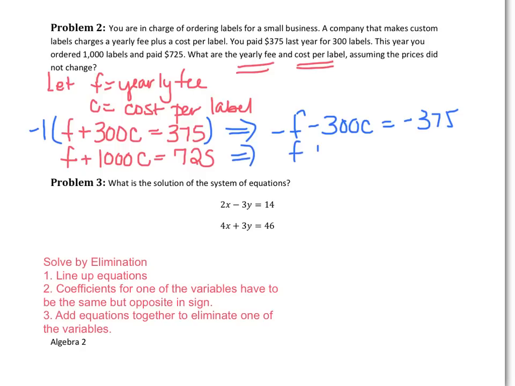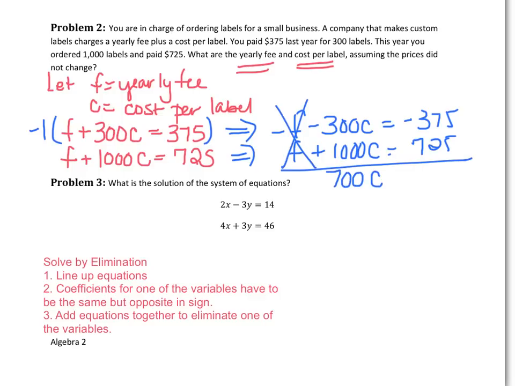All right, adding, the f is going to cancel out because f plus a negative f is 0. 1000c minus 300c is 700c. And 725 minus 375 is 350. Divide by 700, and c is equal to 1/2.